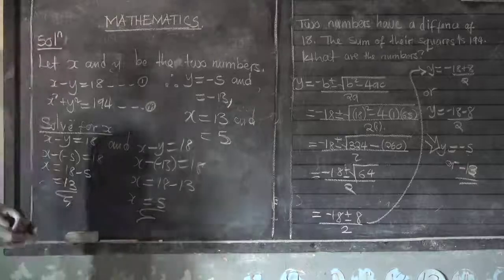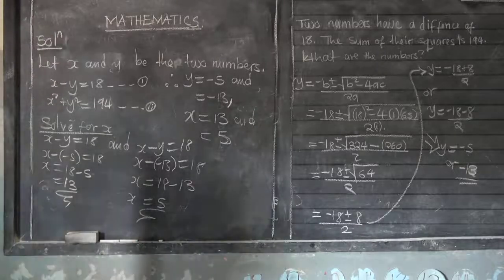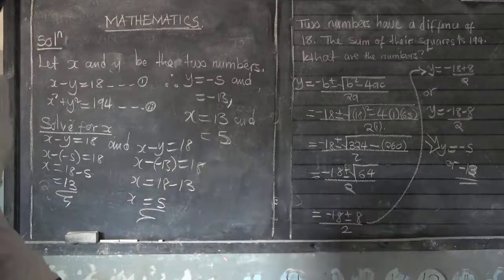So these are two possible values of x and y.